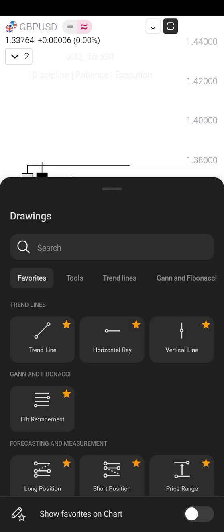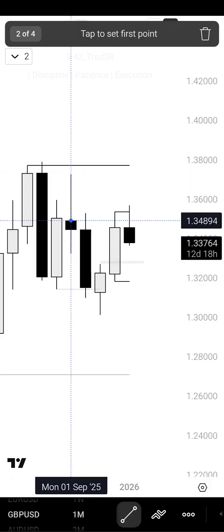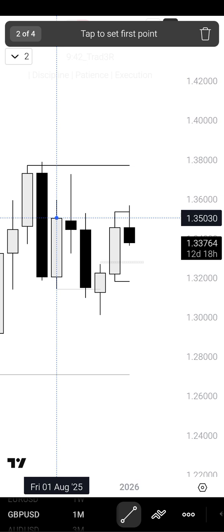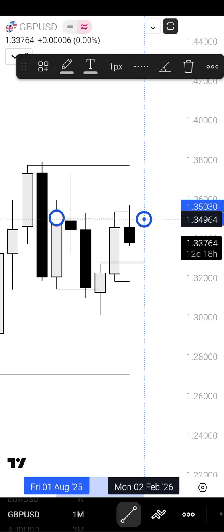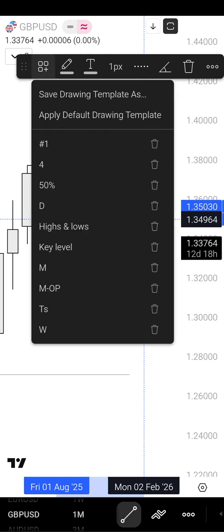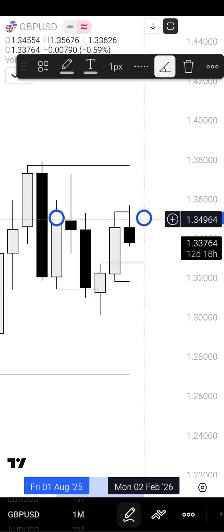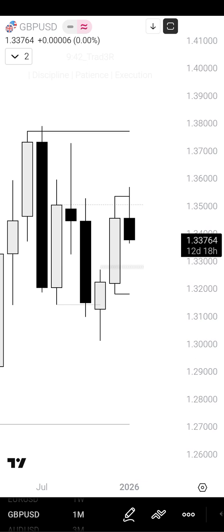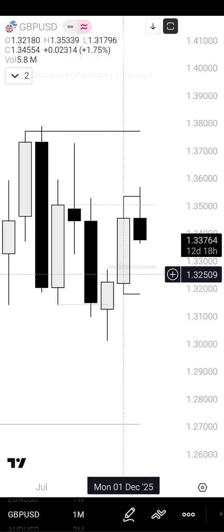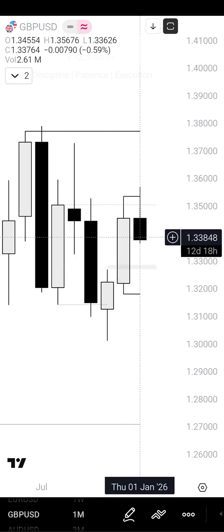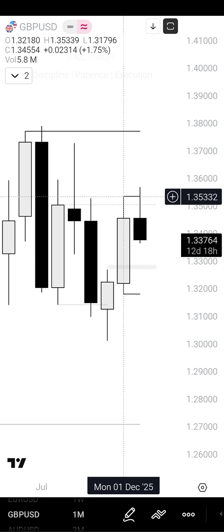In January, price came to this key level, which is the rejection block on the monthly time frame. Price came to that rejection block once. Then inside January, price came back and took out December high.